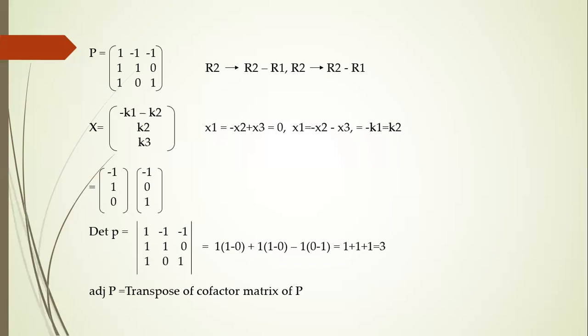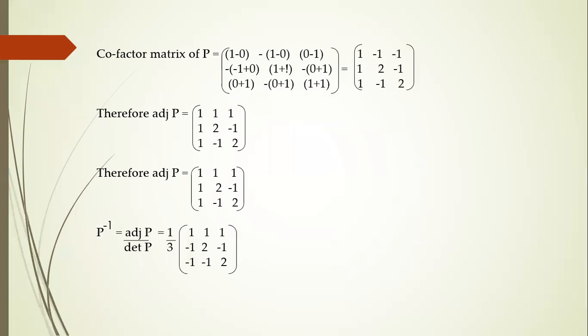Moving on to the next slide. Let us find the cofactor of matrix P. Computing each cofactor, the cofactor matrix of P is [1, minus 1, minus 1], [1, 2, minus 1], [1, minus 1, 2].